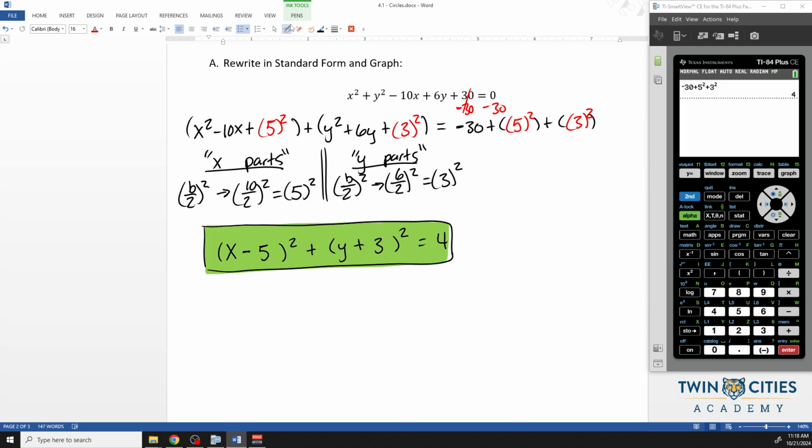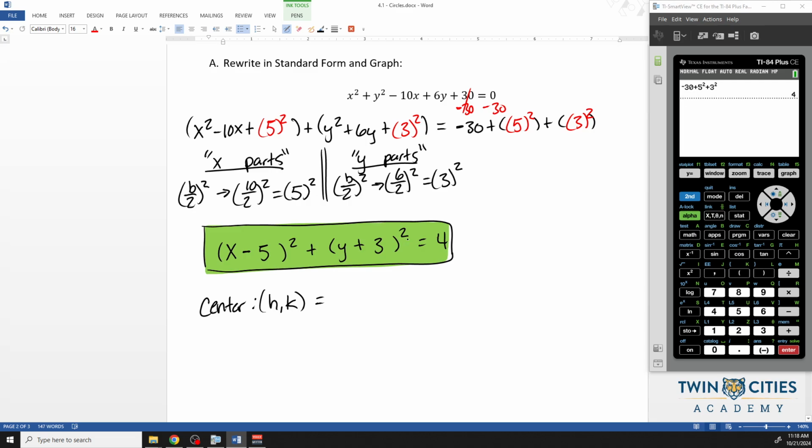All right, but that's not all. It also asked me to graph this. Well, in order to graph this, I'm going to have to identify the center and the radius. Well, the center, this is going to be at (h, k). Now remember, standard form is (x minus h) and then we've got (y minus k).